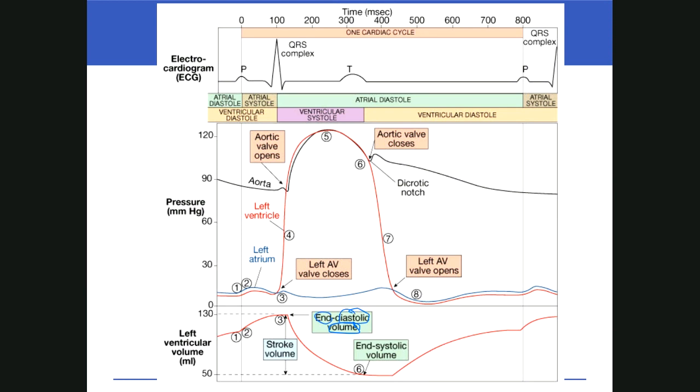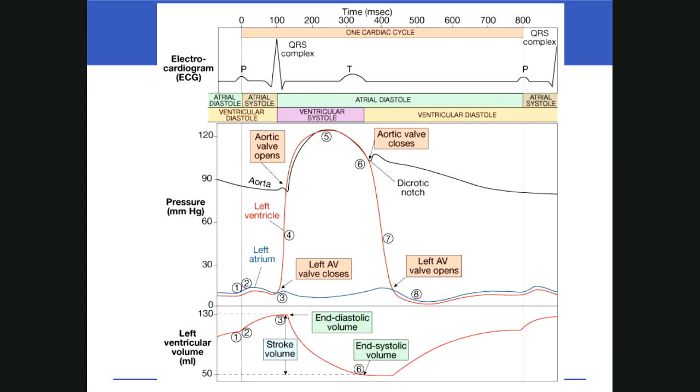It happens right there at the end of diastole. And that's as full as the heart is going to get. And look, that heart has 130 milliliters in it. And that's as full as it's going to get, because we're going to start squeezing the blood.